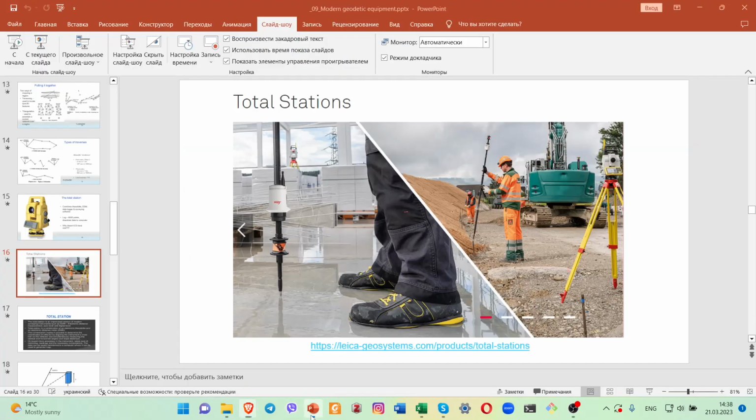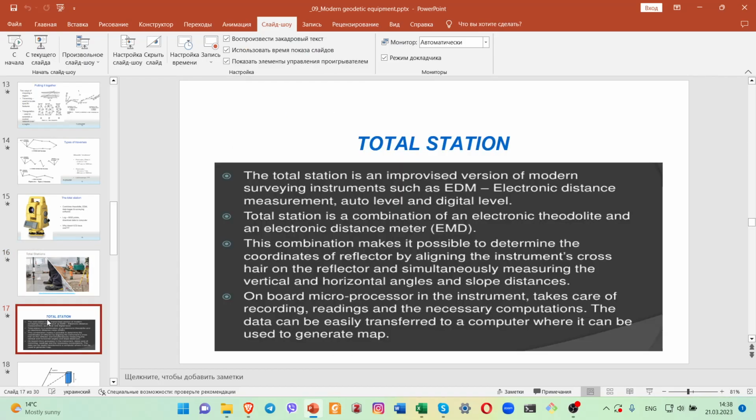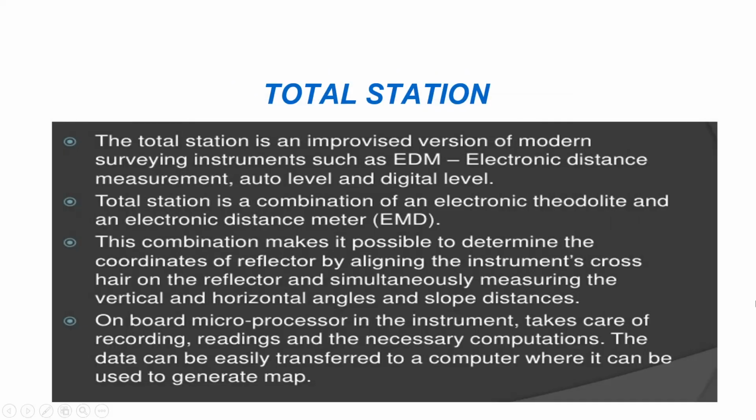And now let's move on. The total station is an improved version of modern surveying instruments such as electronic distance measurement, auto level and digital level. Total station is a combination of an electronic theodolite and an electronic distance meter.